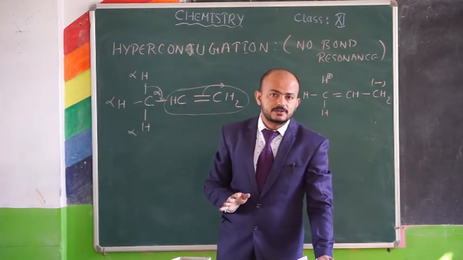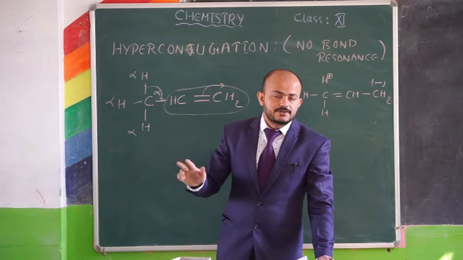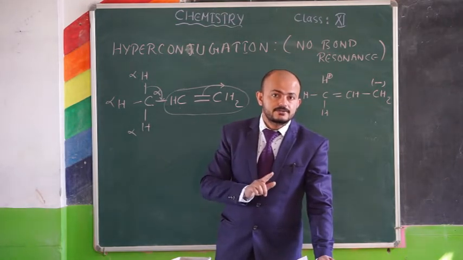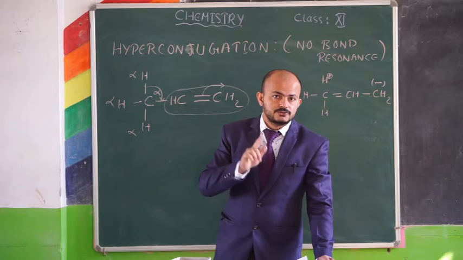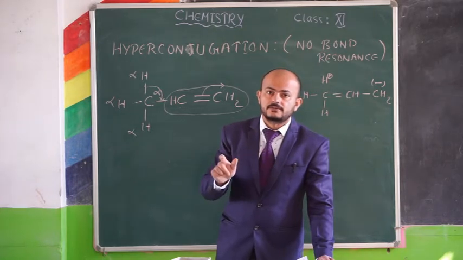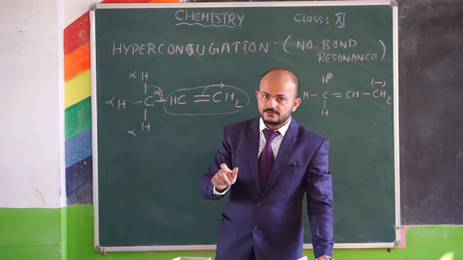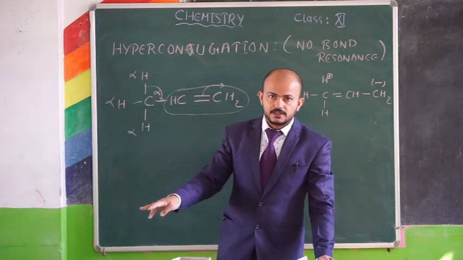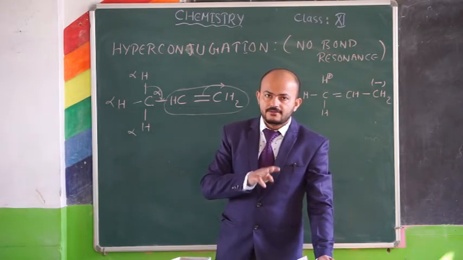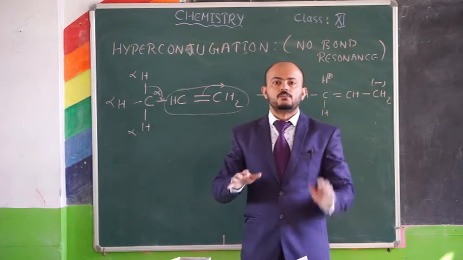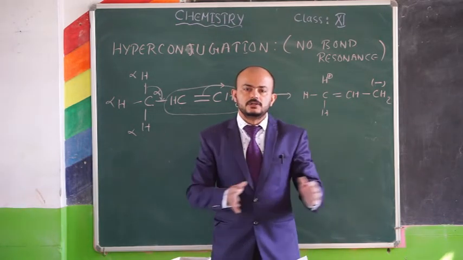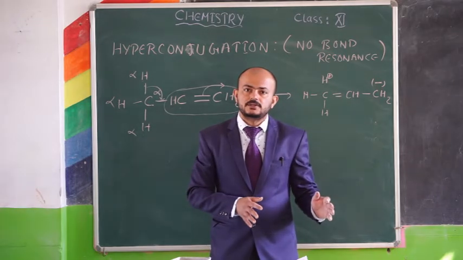The number of hyperconjugated structures depends upon the number of alpha hydrogens. Please remember, you need to identify the alpha hydrogen first in the compound. So hyperconjugated structures depend on the number of alpha hydrogens, and the more the number of hyperconjugated structures, the more will be the stability.